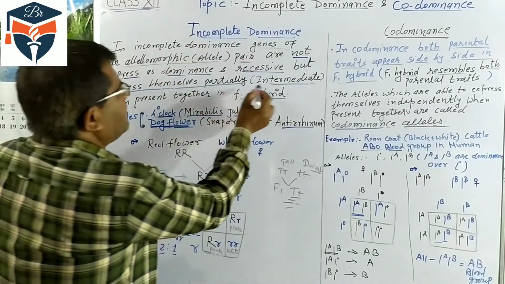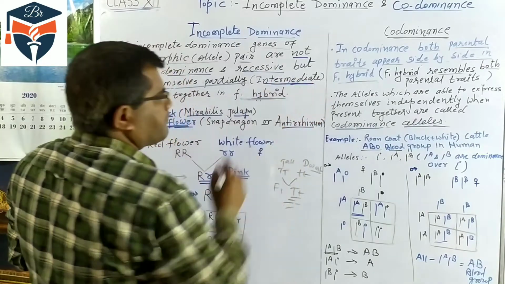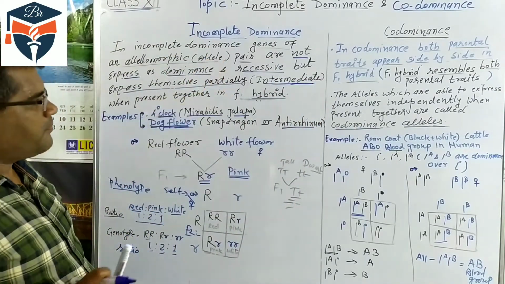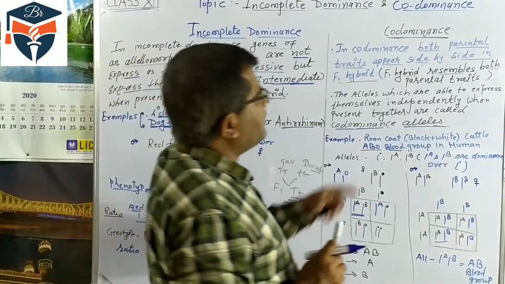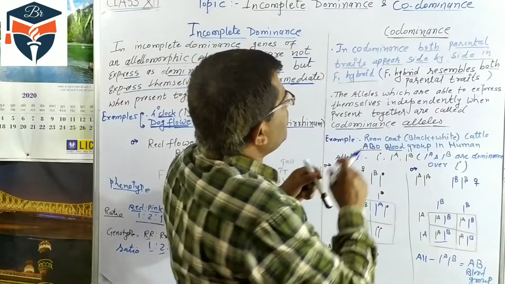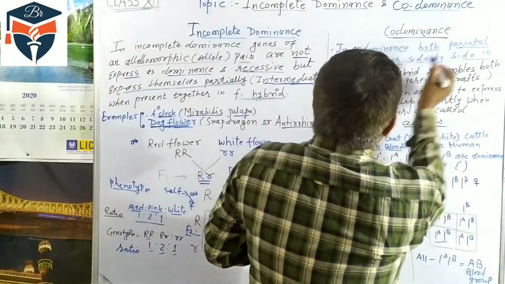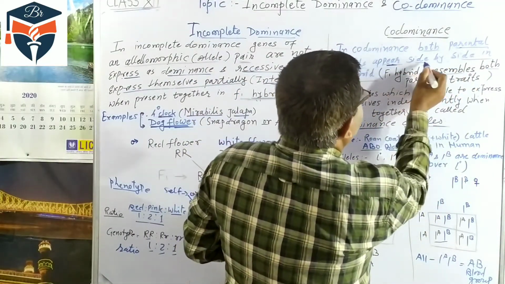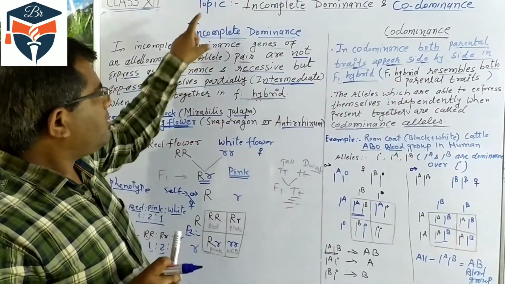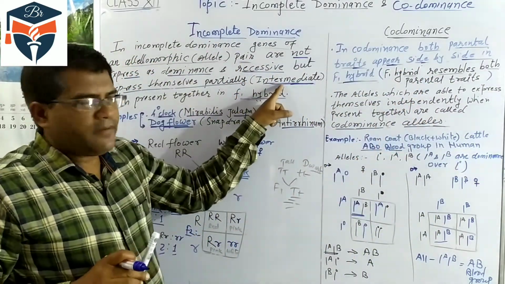In this, the F1 progeny is intermediate. It expresses the partial expression of both alleles. The second phenomenon is co-dominance. In co-dominance, both parental traits appear side by side in an F1 hybrid. Look here, no intermediate was obtained.